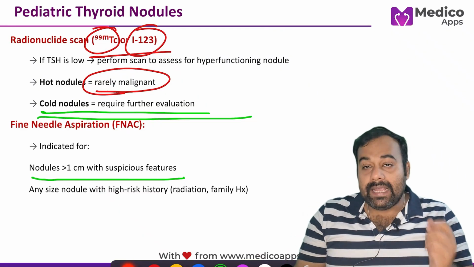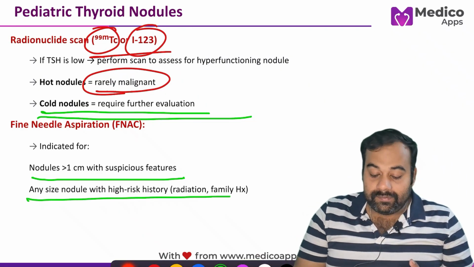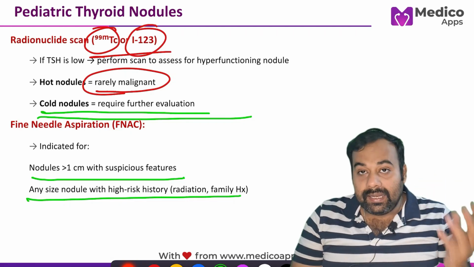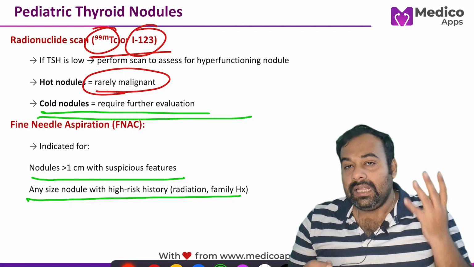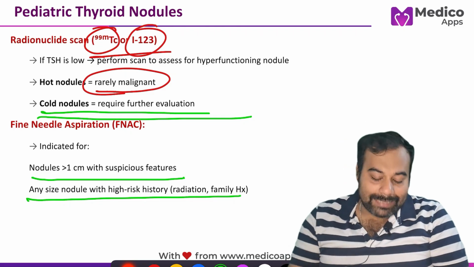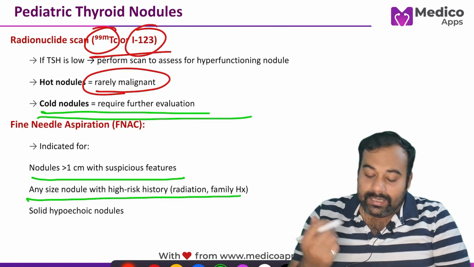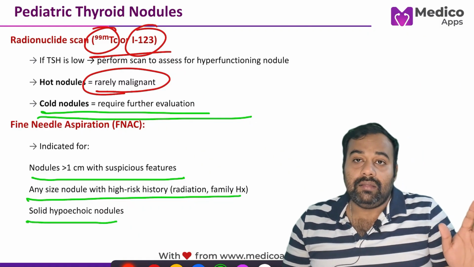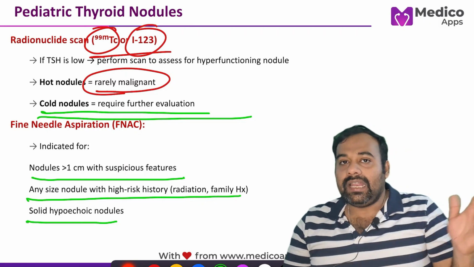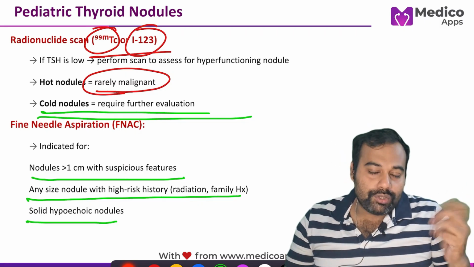Then any size of nodule with high risk features, like a radiation history or a family history of malignant thyroid pathology. Solid hypoechoic nodules are also supposed to be taken care of by FNAC, which can be determined according to the USG report.